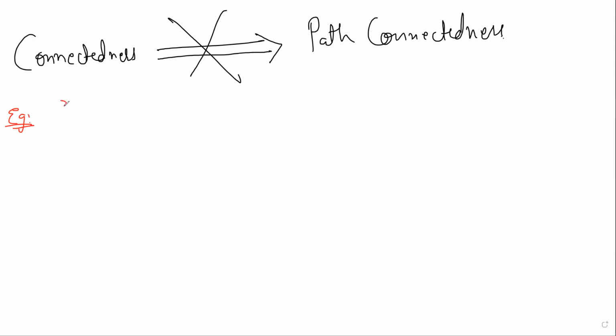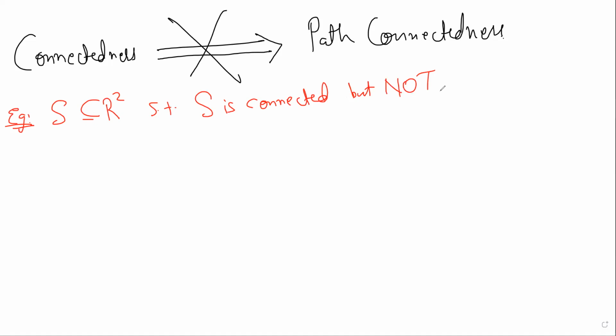We want a set S in R2 such that S is connected by the definition of open sets, the disjoint union of open sets, and so on, such that S is connected, but not path connected. This is the type of example we need.